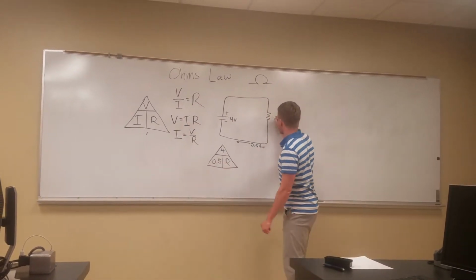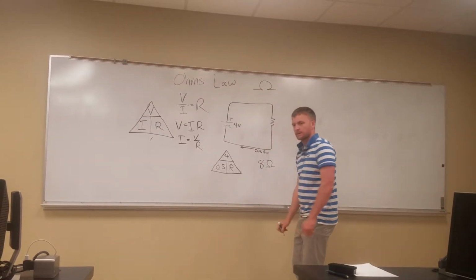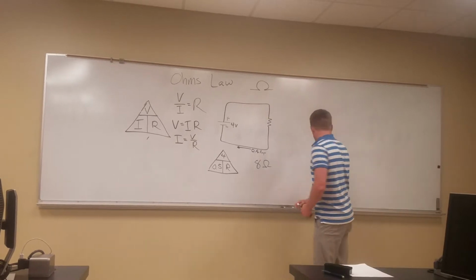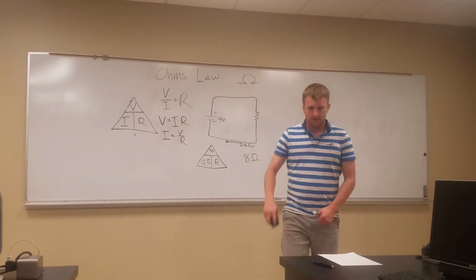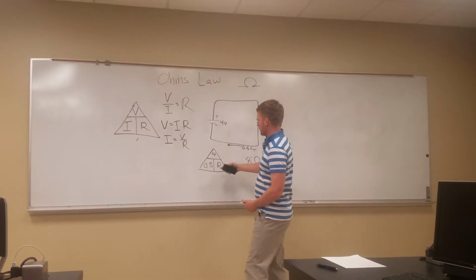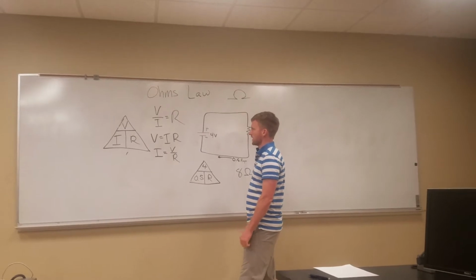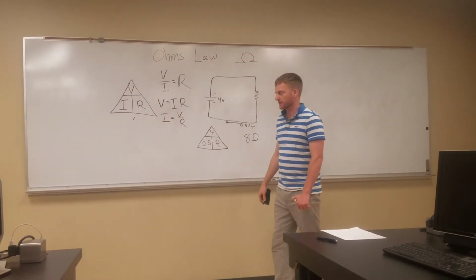We need a resistor of 8 ohms. That is the formula. Of course, I could put one in for resistance and solve for current as well, but this basically outlines it for you.